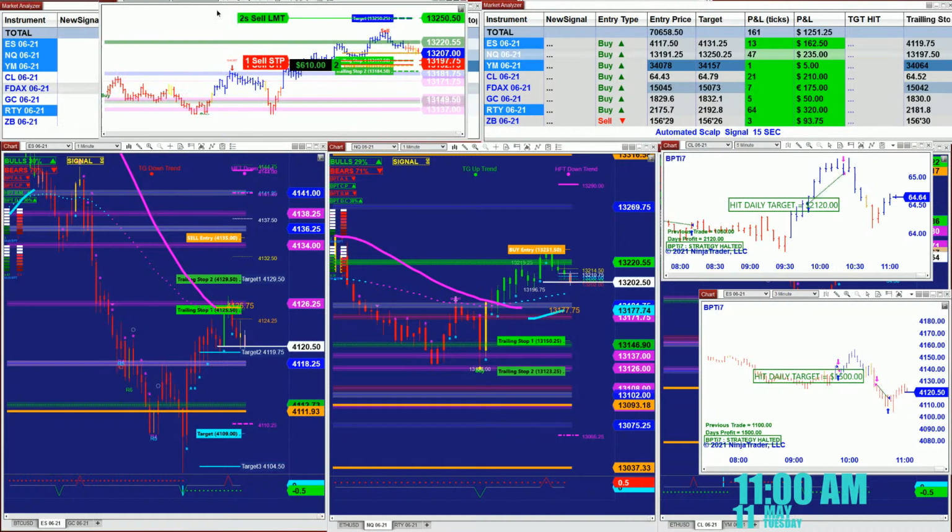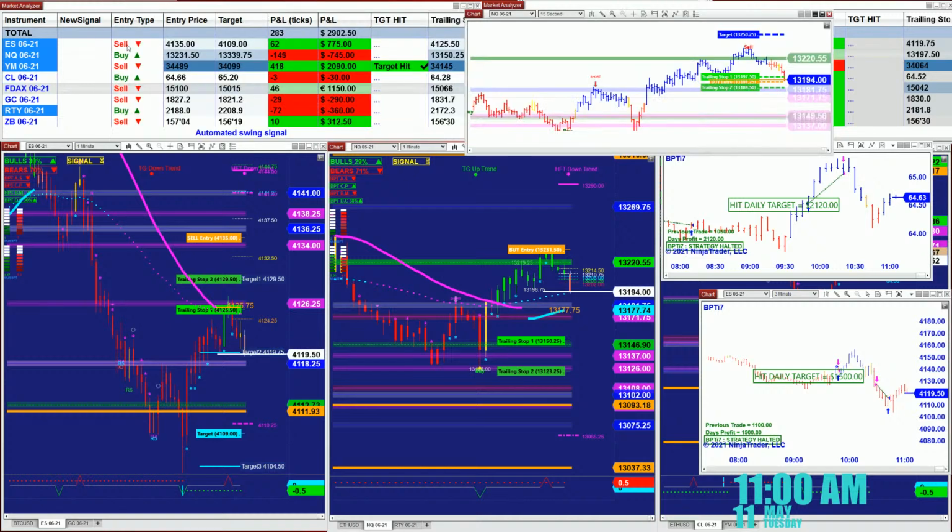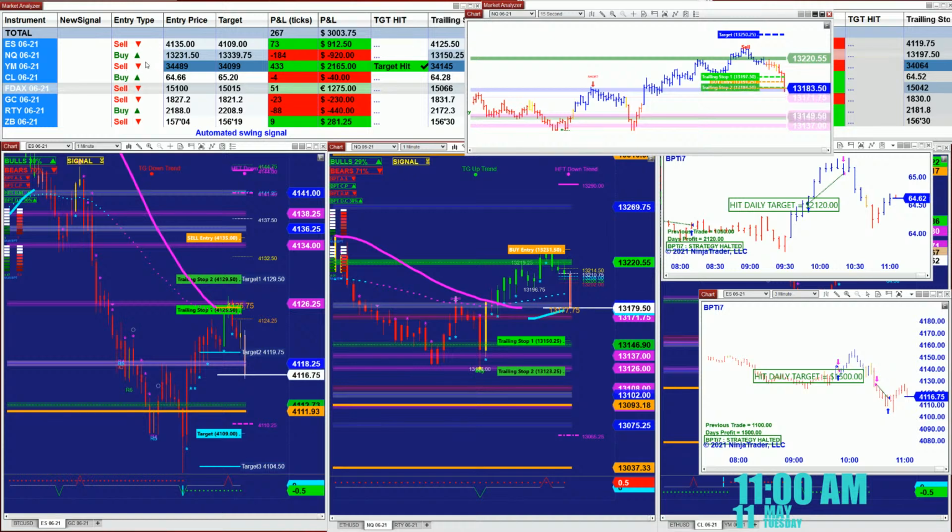But look, if we look at the market analyzer, there are two things the trader should see before he starts auto trading. You look at the 1 minute, not the Renko bar. If we look at the ES, it's a sell position, Nasdaq buy position, YM sell position, CL. They are not in sequence. The ES goes in one direction, Nasdaq goes in one direction, and the YM goes in another direction.